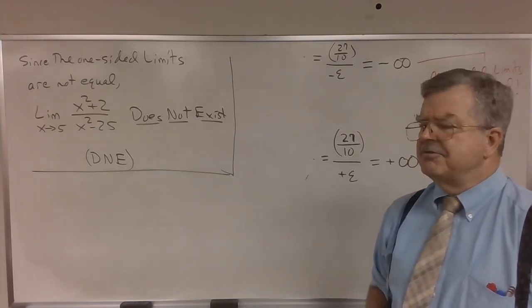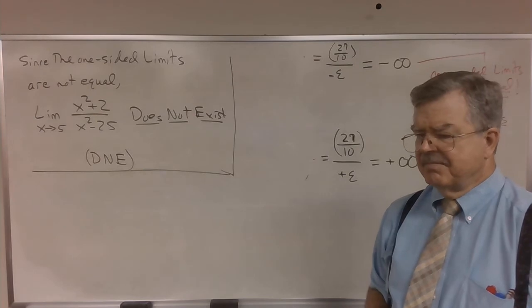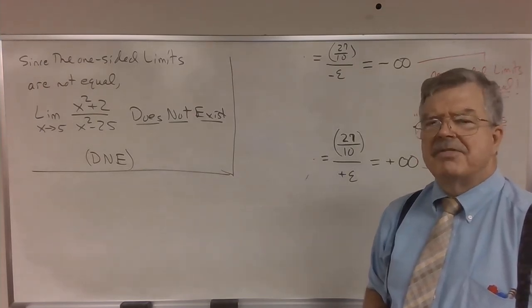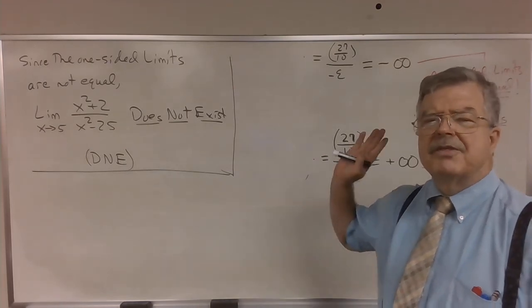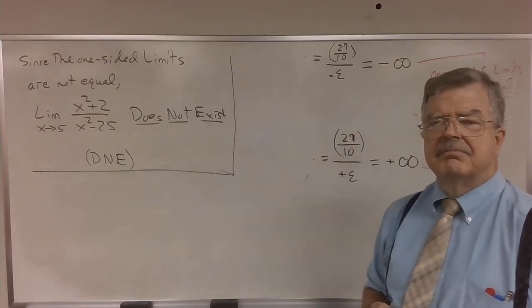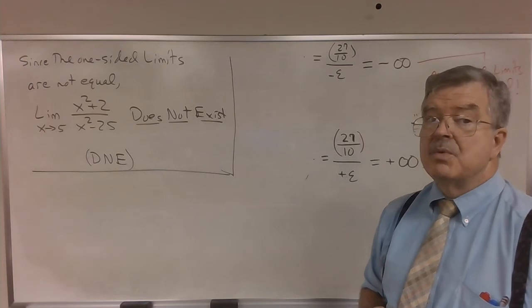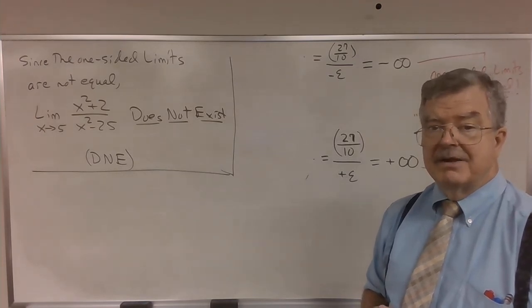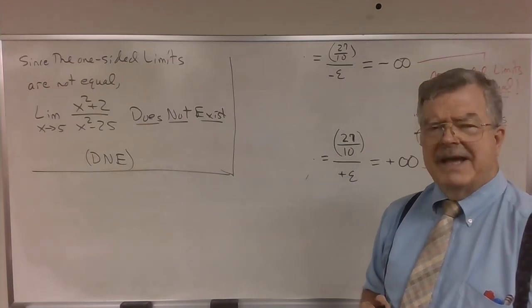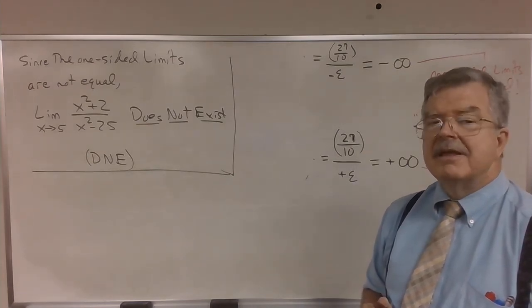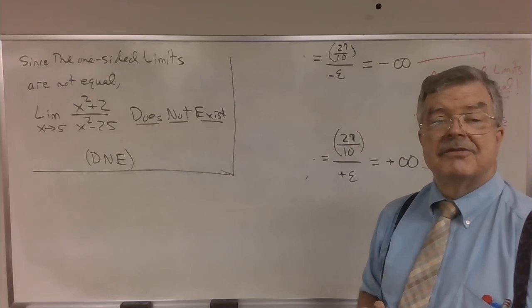Now, let me address a hypothetical situation. It turned out that the two one-sided limits were not equal. What would have happened if the two one-sided limits had been equal?